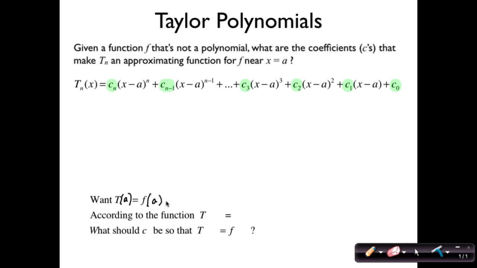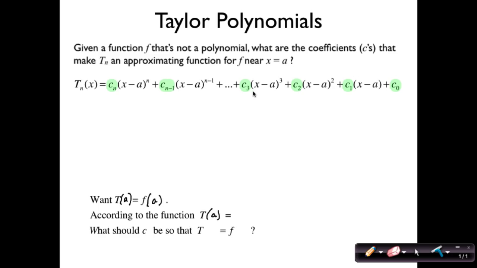Of course. So we want the value of our approximation to be the same as the value of the function at the center point. So according to our Taylor polynomial, what would happen if you evaluated T at a? What would you get?